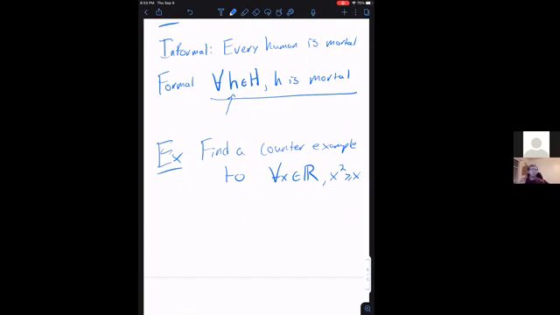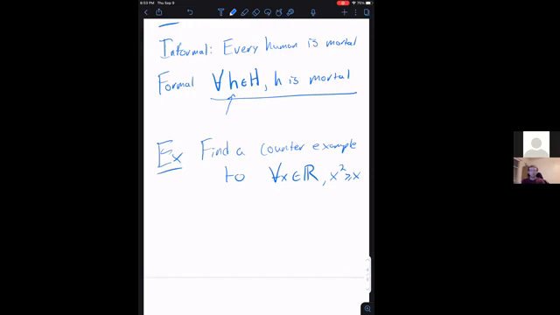So when you try to disprove something, you need exactly one counterexample. So that's why we're going to practice finding these counterexamples. So I need one counterexample of an X that when I square it, it's less than the original, because a counterexample would be the opposite of this.